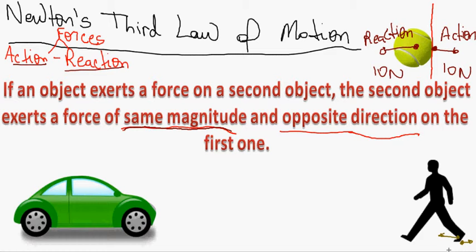Another example is the car moving. The tires push the floor back, and then the floor pushes the tire and, in consequence, the car forward. So this is an action and this is a reaction.